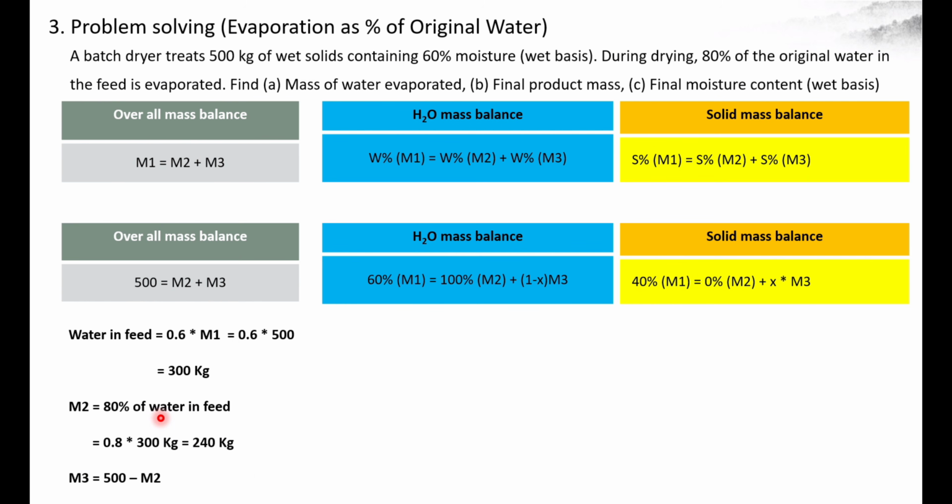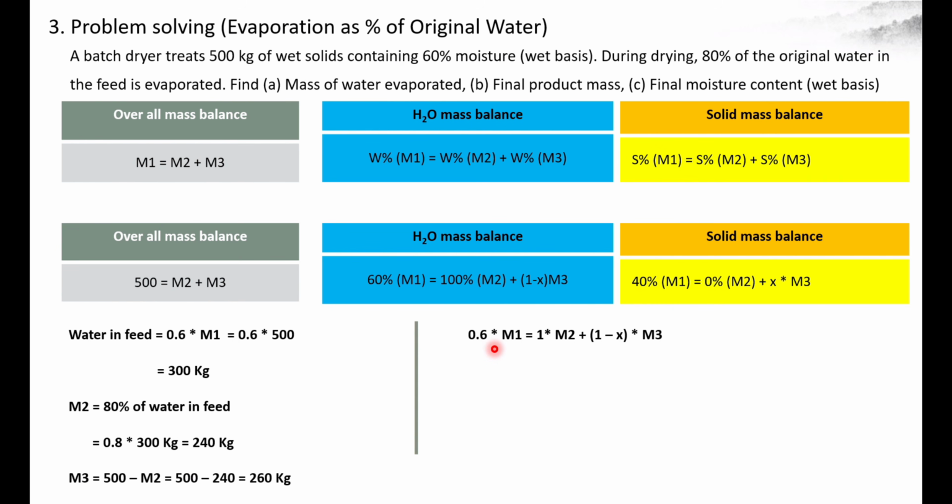We have calculated M2 value now. Now we can move on to M3 value. In this equation, 500 is equal to M2 plus M3. Now M2 we have calculated as 240 kg. So M3 would be 500 minus M2 value, which is 500 minus 240, which is equal to 260 kg. Now we have calculated M2 as well as M3.